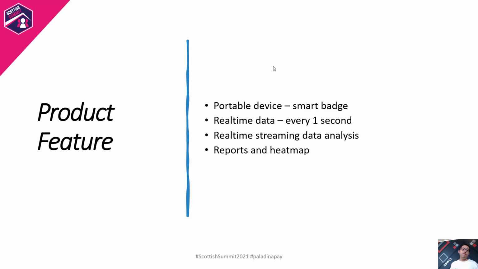From the initiative, we can figure out some key features of the product. First of all, it's a portable device, which is the terminal, the end device that is used to gather the data. We call it a smart badge. It could be a wristband, a lanyard, a card, any gadget that's small enough to carry.